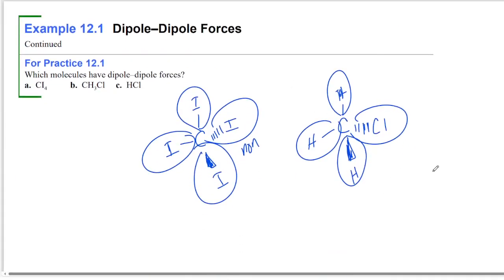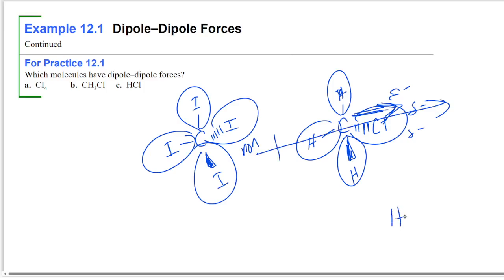Okay, so the chlorine-carbon bond is polar because this is 3.0 minus 2.5. So we have a difference of 0.5, and therefore we have a vector representing the polarity going toward the chlorine, and therefore this molecule has a partial negative charge with the resultant polarity going toward the chlorine.